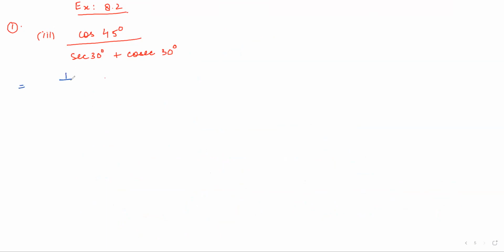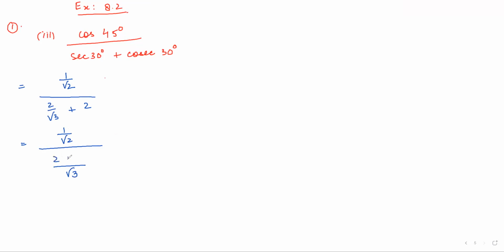This was 1 by under root 2, if I remember, right? Yeah. Cos 30 was root 3 by 2, and this was cos 45, right? Oh, yeah. Okay, so now let's do it. So this is 1 by under root 2, divided by, now take LCM. So LCM will be under root 3.